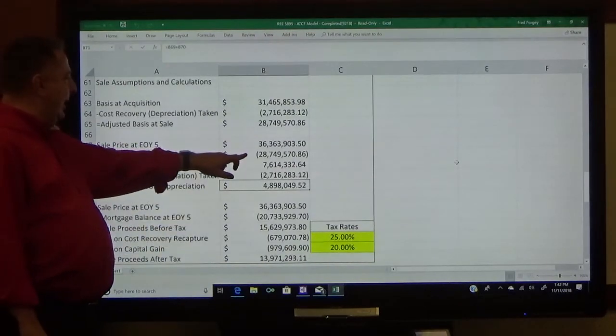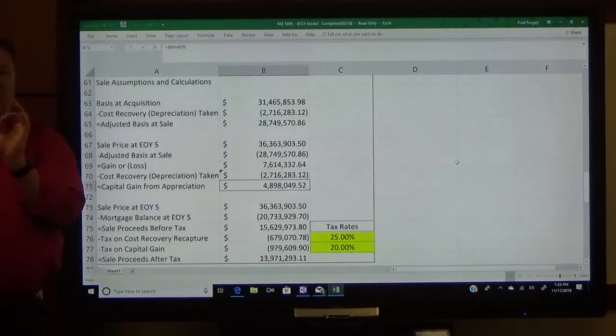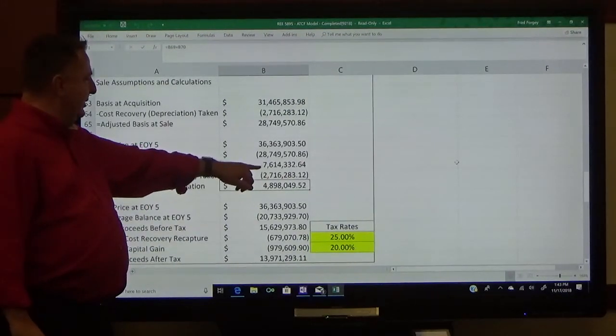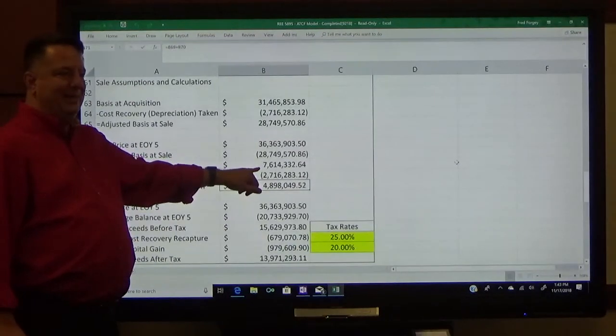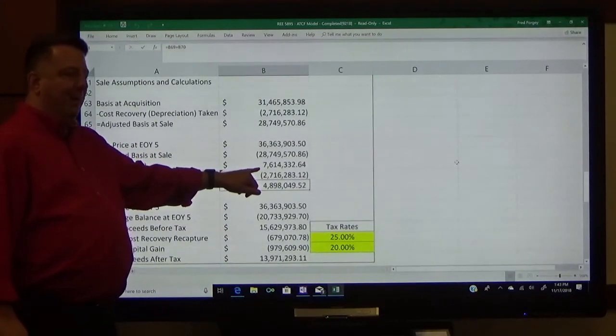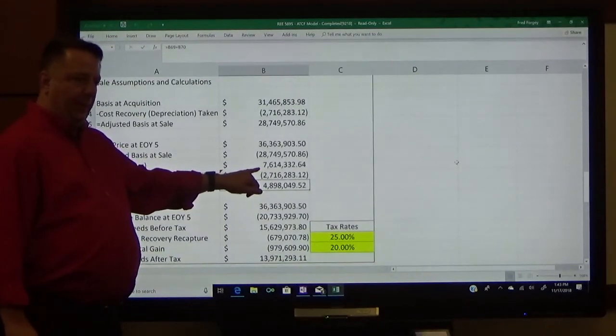So you subtract that out from what you're selling it for. That gives you what the IRS is going to refer to as either your gain or your loss. In this case, you get a $7.6 million gain, okay? But unfortunately, that's not the end of the story for them.